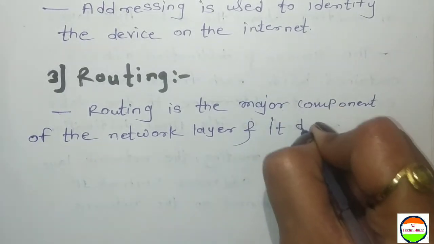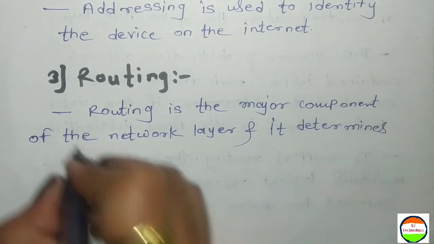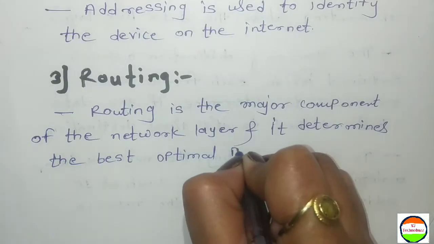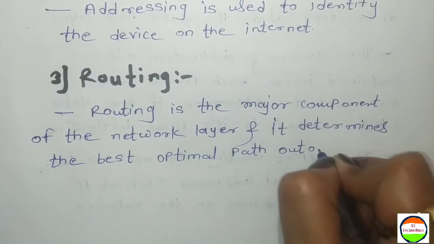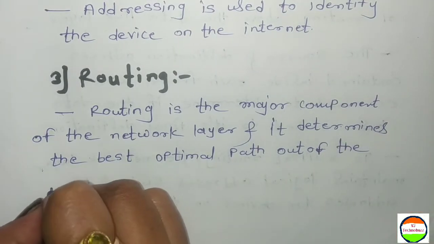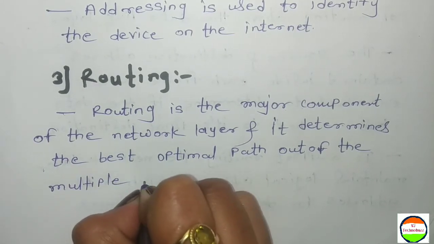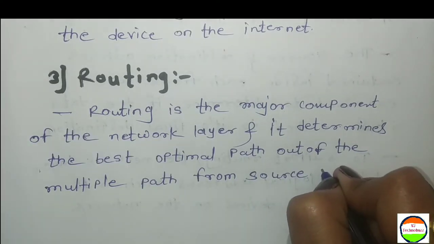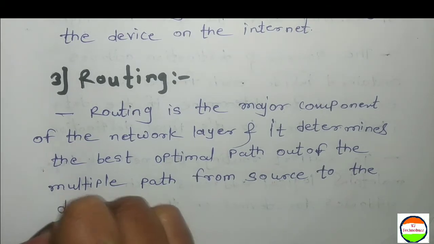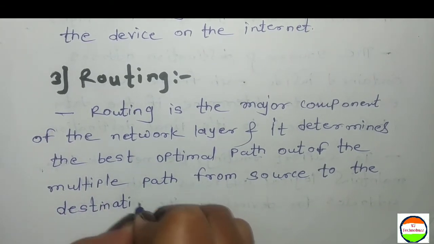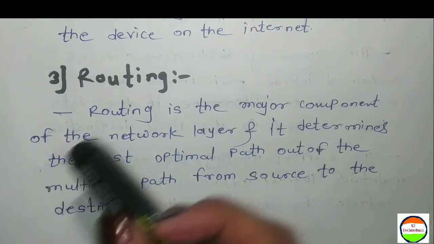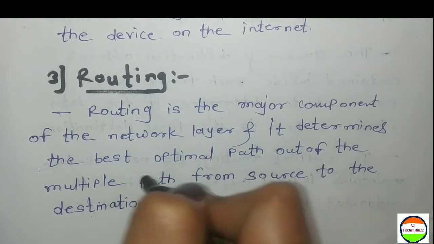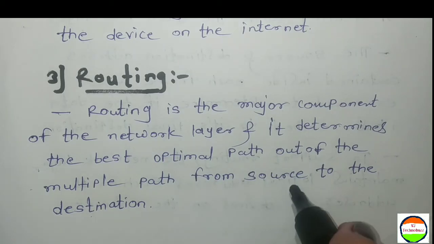Routing is the major component of the network layer, and it determines the best optimal path out of the multiple paths from source to the destination.